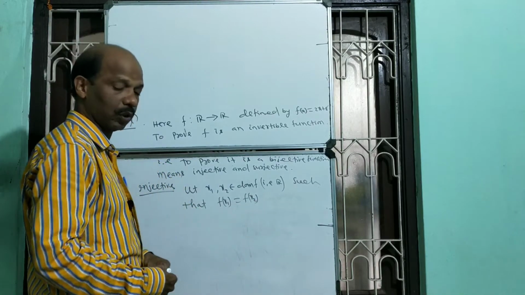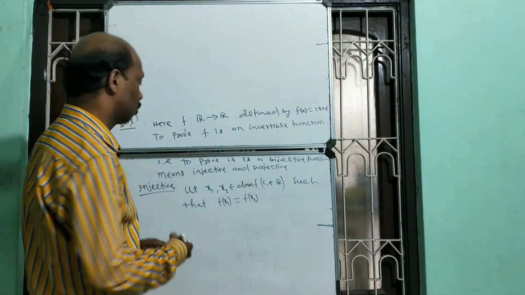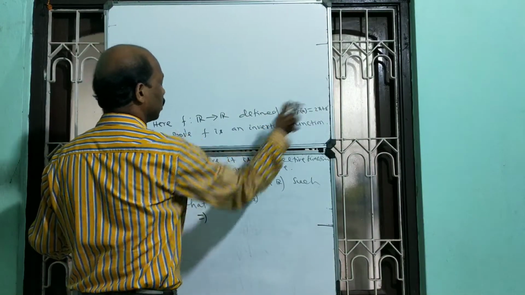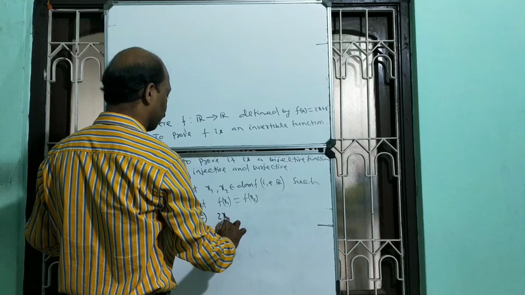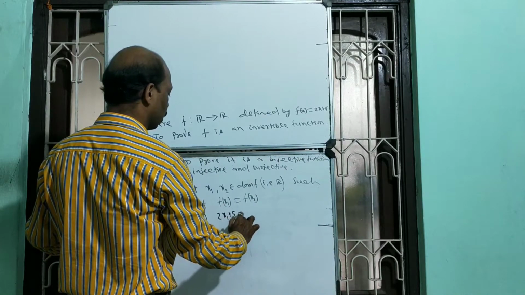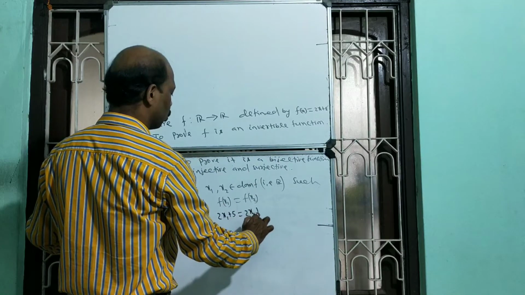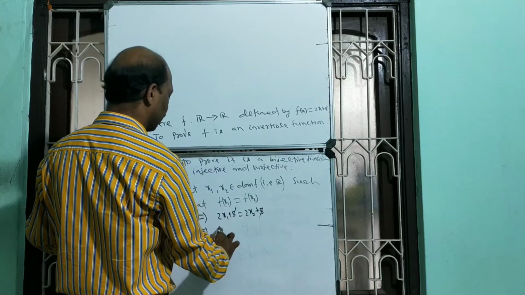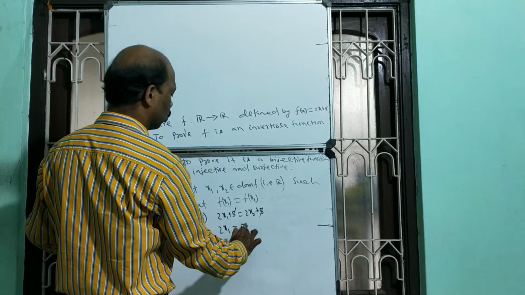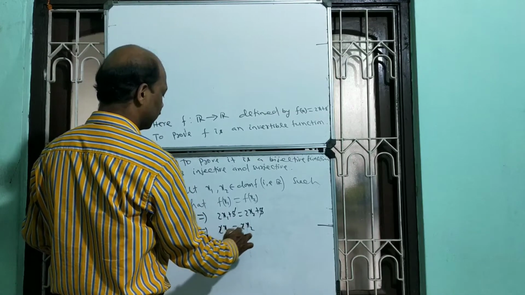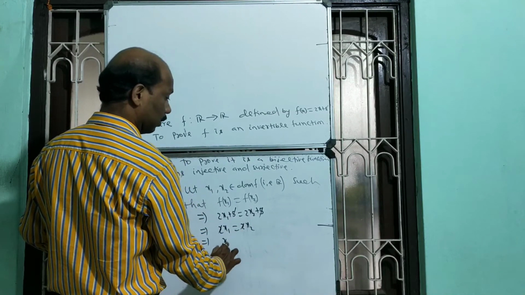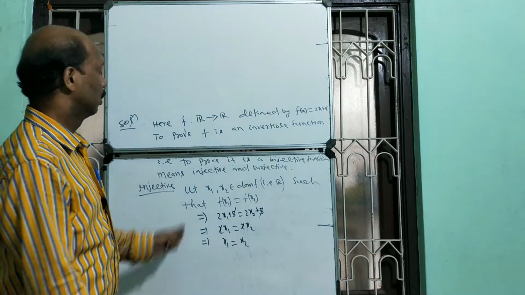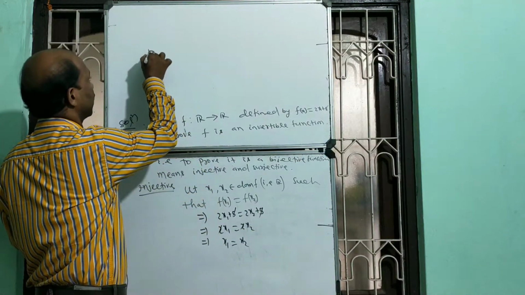We have to show that x1 is equal to x2. Here f of x is equal to 2x plus 5. So 2x1 plus 5 is equal to 2x2 plus 5. 5 cancels, that implies 2x1 is equal to 2x2, implies x1 is equal to x2. Hence, f is injective.